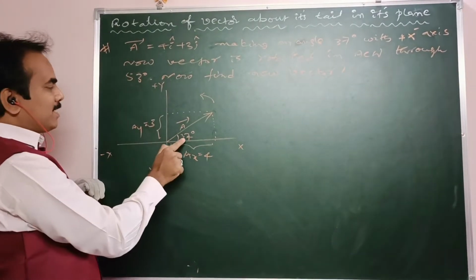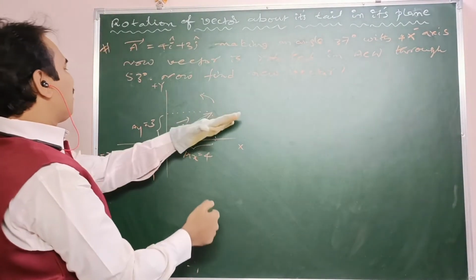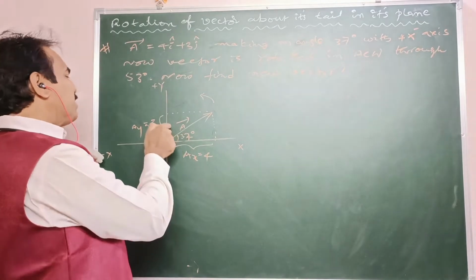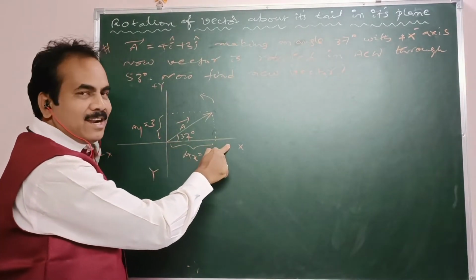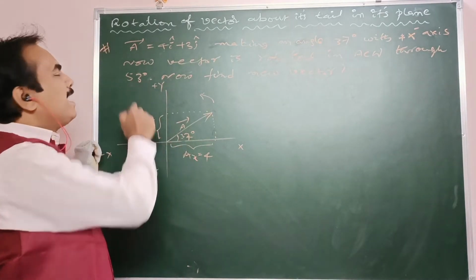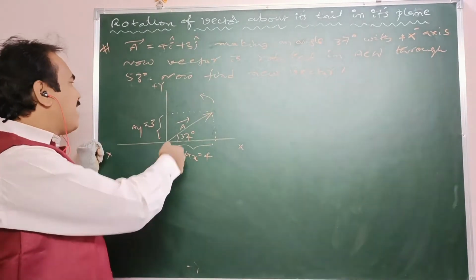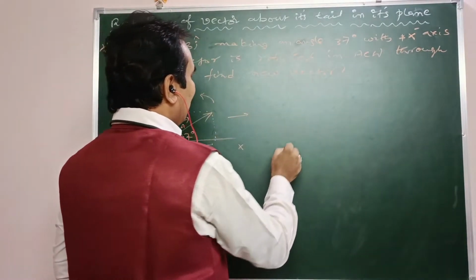Am I right? With x-axis as reference, 37 plus 53 means 90. Okay.